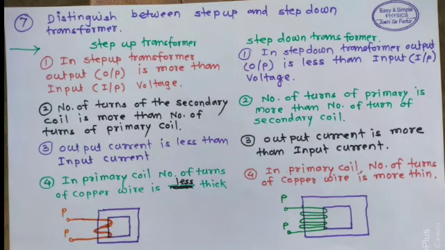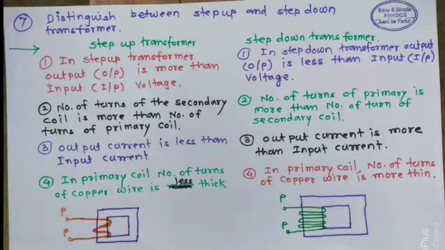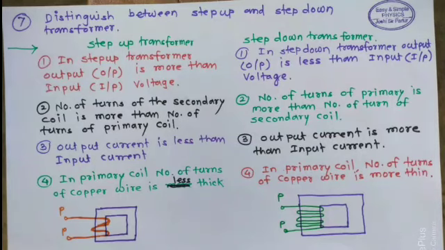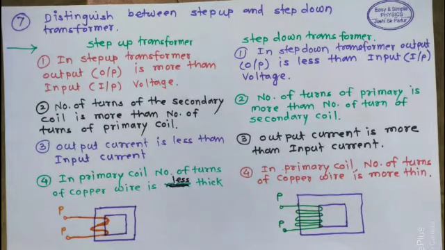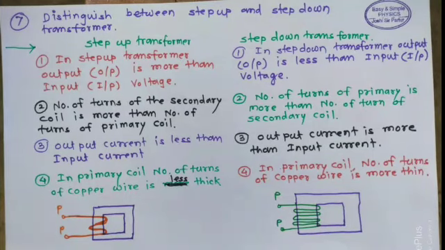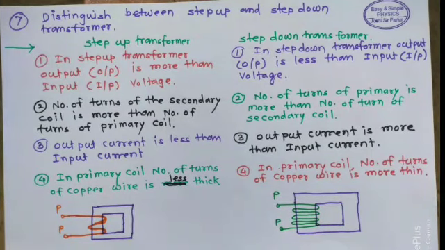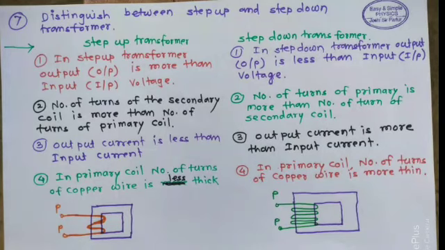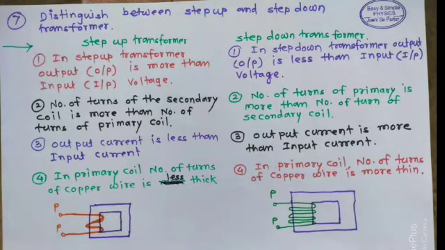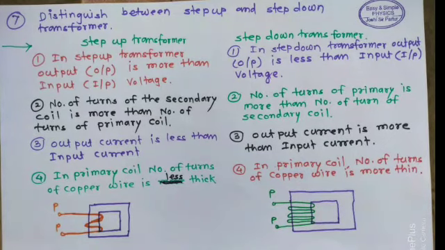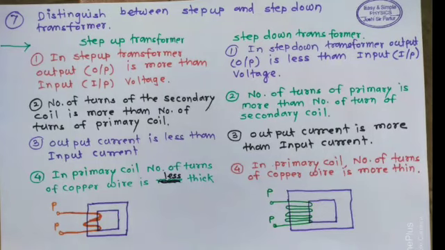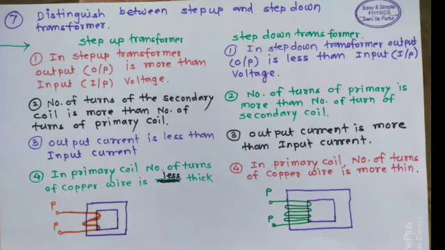Question number 7. Differentiate between step up and step down transformer. Here one column will be written as step up transformer, another as step down transformer. The first point: in step up transformer output voltage is more than input voltage, whereas in step down transformer output voltage is less than input voltage.